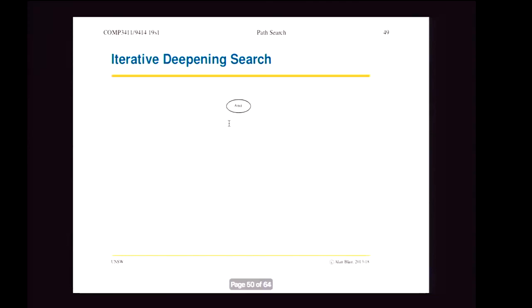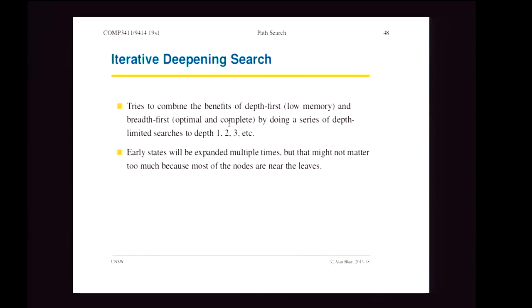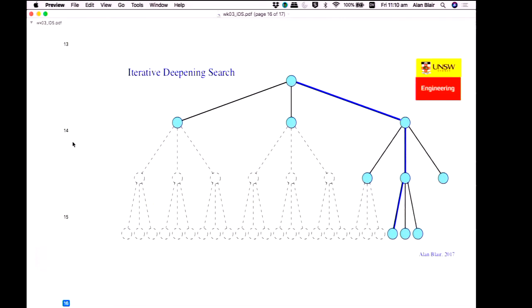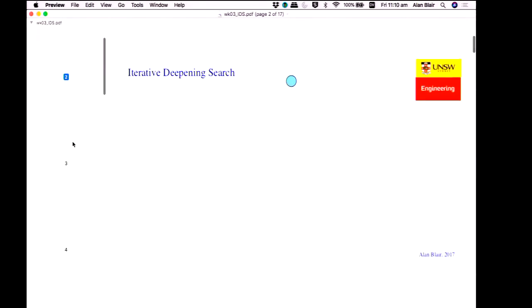And then finally we move on to iterative deepening search. This is the way it works. I first do a depth first search to depth 1 to see whether there's a path of length 1 to the goal.